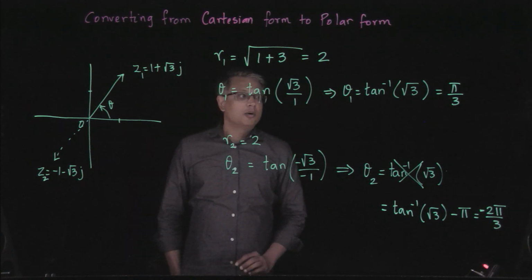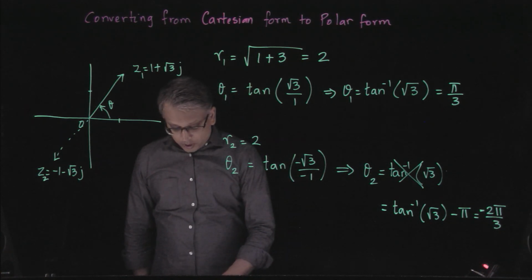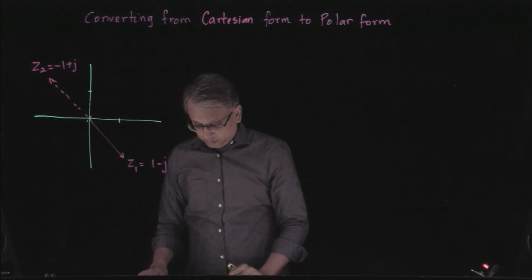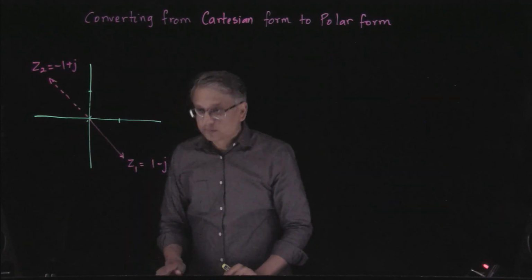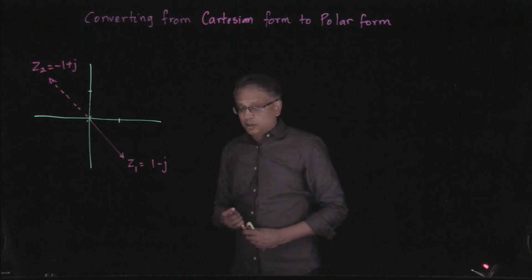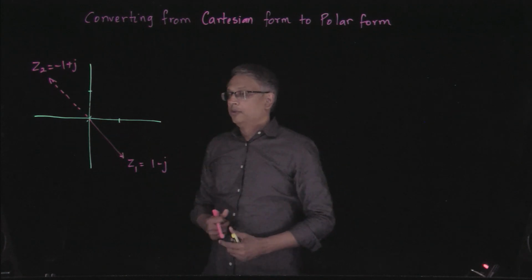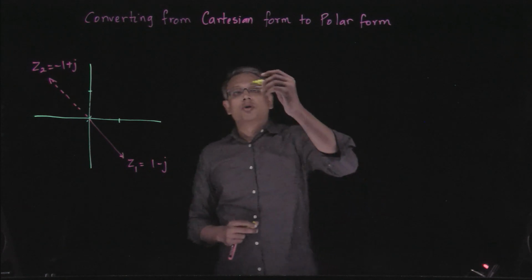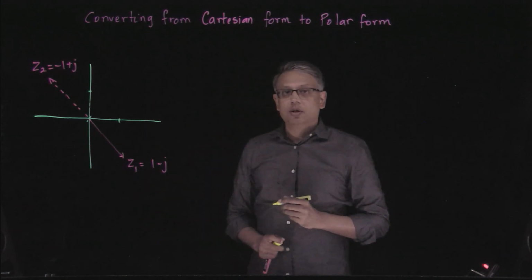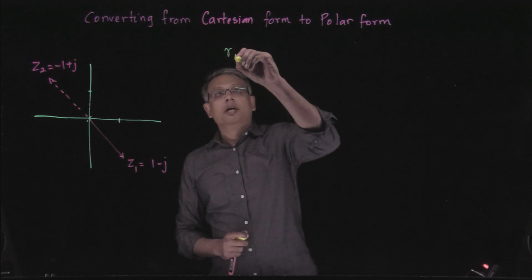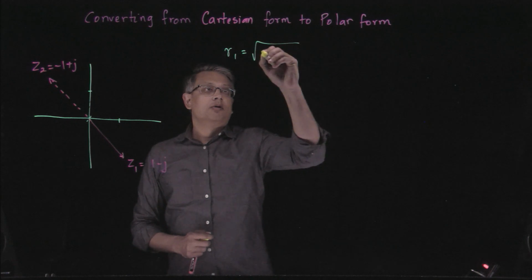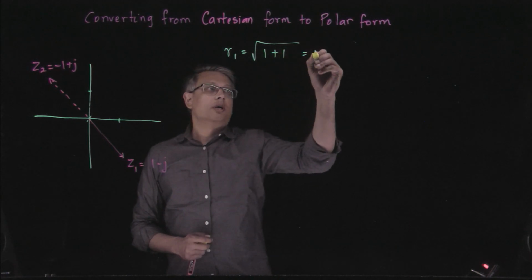Let me quickly work out one more example. So let's work out one more example where we have z1 is 1 minus j. So if we were to convert z1 to polar form, we would get r1 to be the square root of 1 squared plus 1 squared.